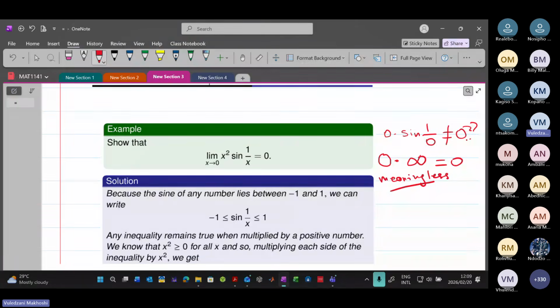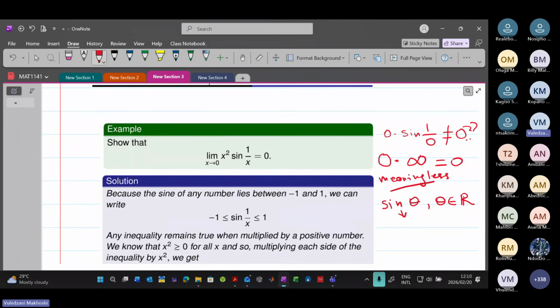what we know about the sine of any real number. If you take the sine of any real number, what we are saying is that if you have sine of theta, where this theta is an element of R, then the result, you can try it on the calculator.